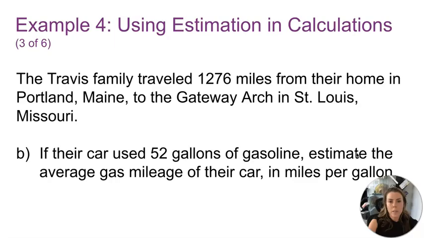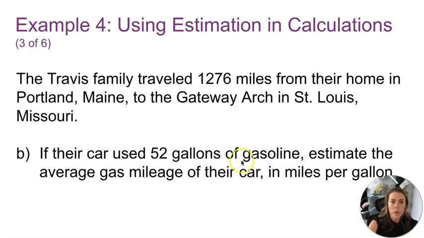All right, with the same scenario, if their car used 52 gallons of gasoline, estimate the average gas mileage of their car in miles per gallon. So now we're doing the miles divided by gallon. It's saying pretty much what we have to do mathematically there when we look at the units of our answer.